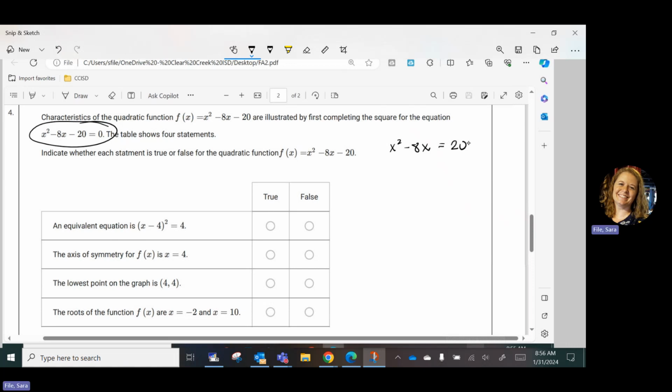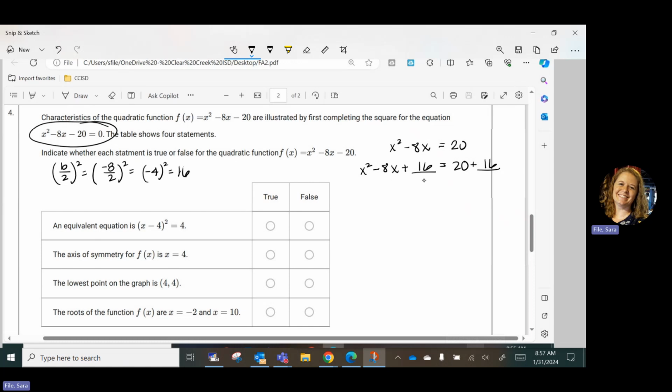Okay. Then the following step is to identify your b and do b divided by 2 squared to figure out what you need to add to both sides. So b divided by 2 squared. My b is the negative 8. So that's negative 4 squared is 16. So 16 gets added to both sides.